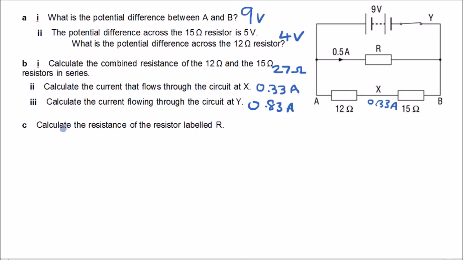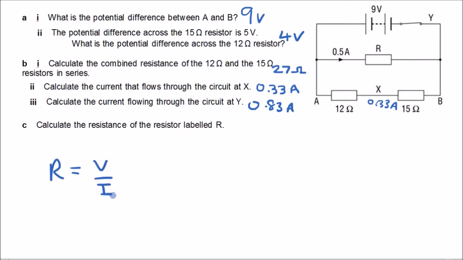Okay, and lastly, calculate the resistance of the resistor labeled R. So this is resistor R. What do we know about this resistor? Well, we know that there's a current of 0.5 amps traveling through it. We know that the potential difference across this resistor is equal to 9 volts because it's in parallel. So we know that the resistance is going to be equal to, again, Ohm's law.